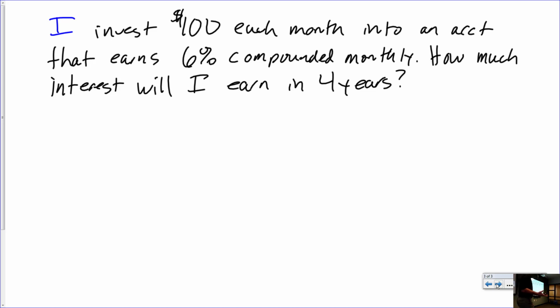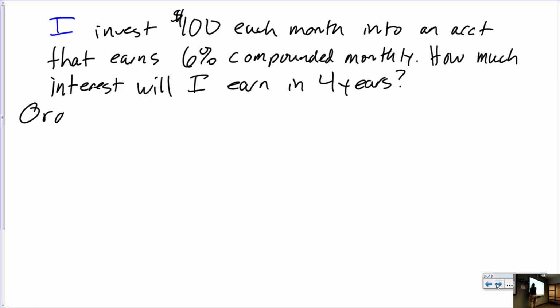All right, so note, folks, this is a Chapter 13 problem because we're investing each month into an account and we want to know how much there will be in the future, okay? Note, does it say that I'm investing at the beginning? No. Therefore, you assume it's happening at the end, okay?